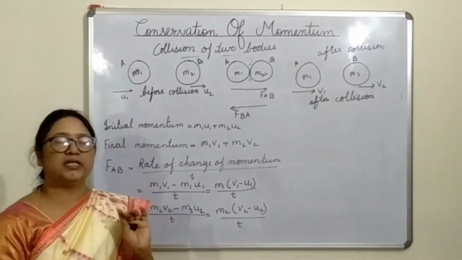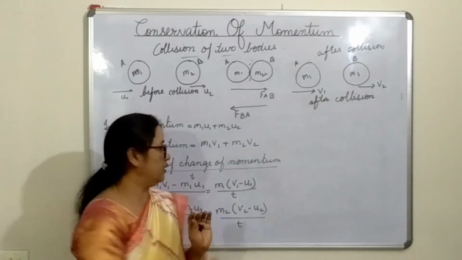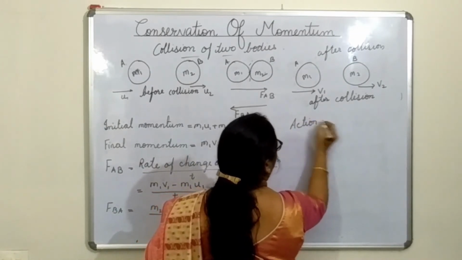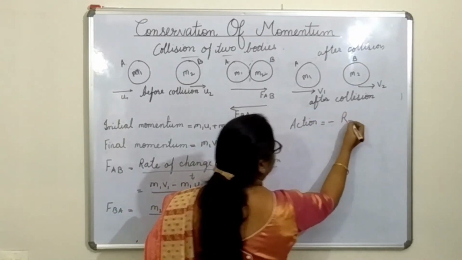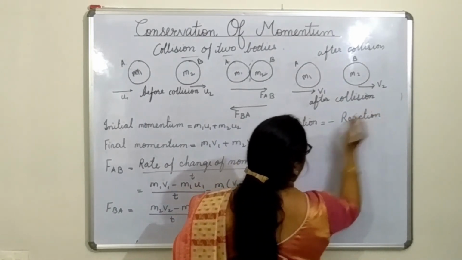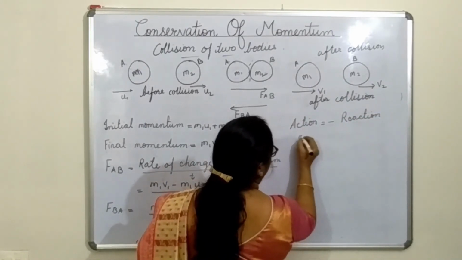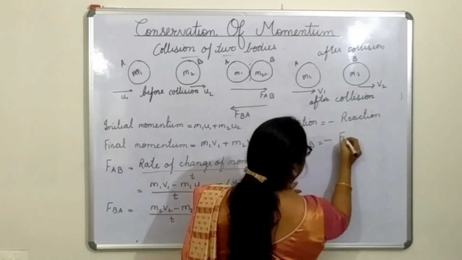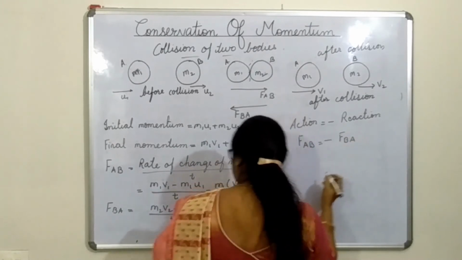As per Newton's third law of motion, action is equal to reaction, the magnitudes are equal but they are in opposite direction. Action is equal to minus reaction. Means FAB will be equal to minus FBA. What is FAB?